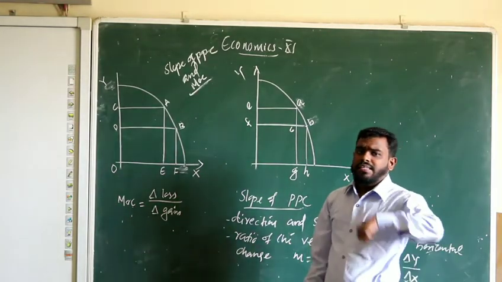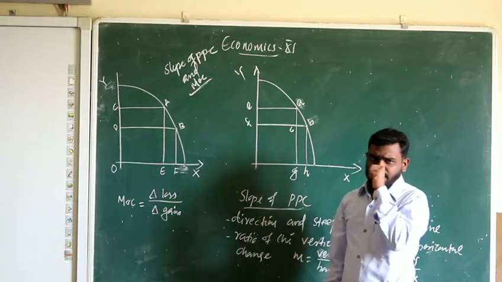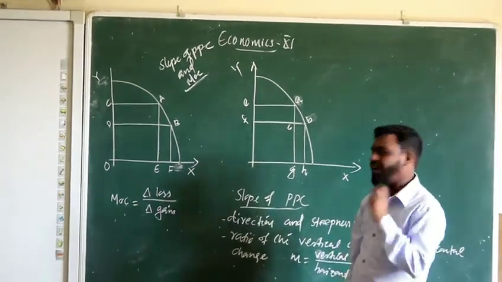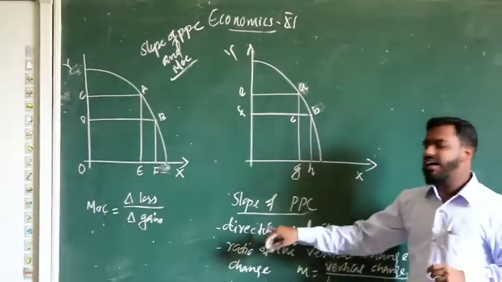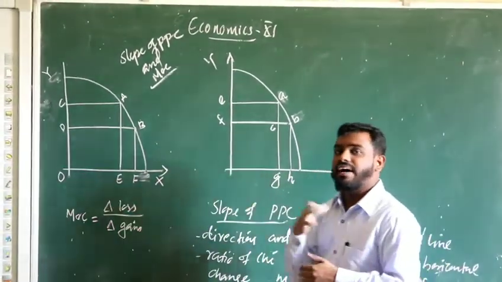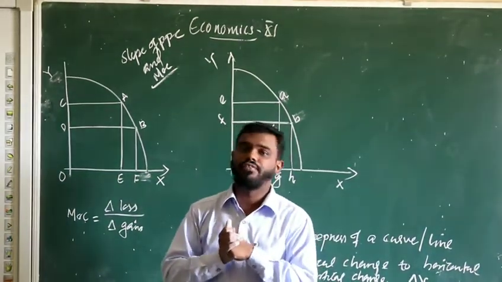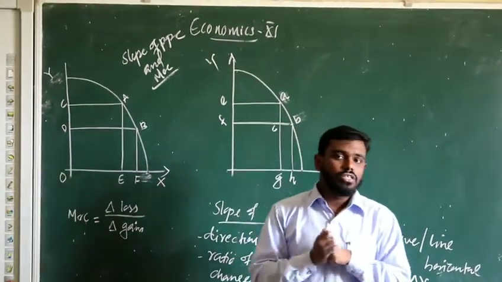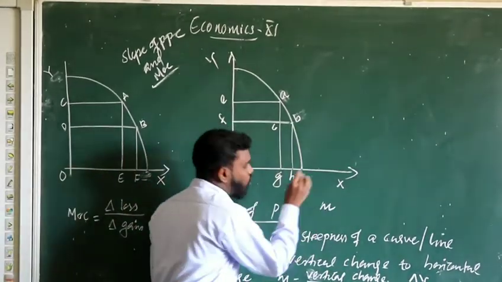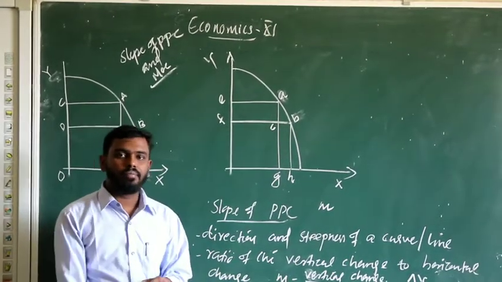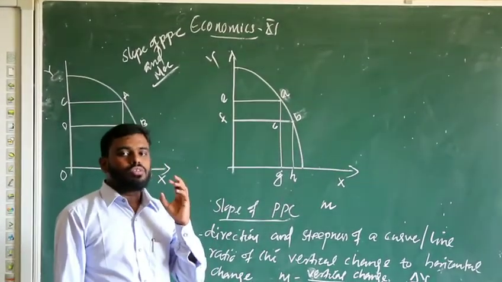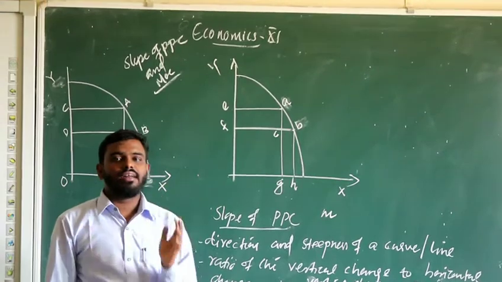So in mathematics, slope of a curve or slope of a line shows direction and steepness of the line or curve. It is denoted by the small letter M. This slope we can find by using horizontal change and vertical change.